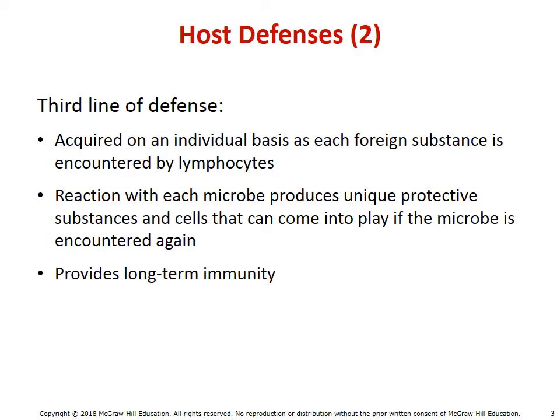The illustration here is, again, these cells in the third line target one specific thing for removal. The other point of this, though, is since it's adaptive, the levels of protection change over time and will provide long-term immunity. This is a beautiful thing that really helps protect us from infection over multiple years.